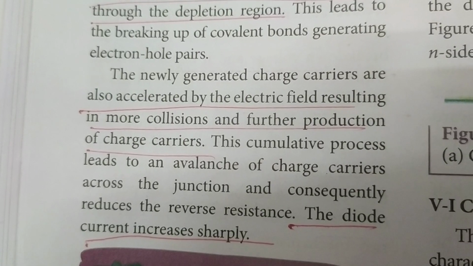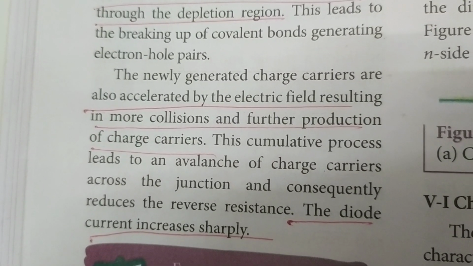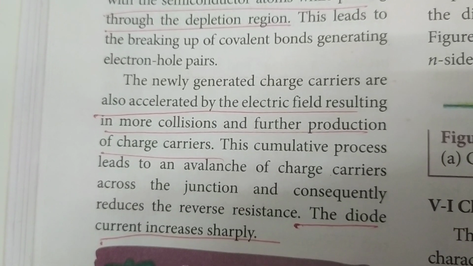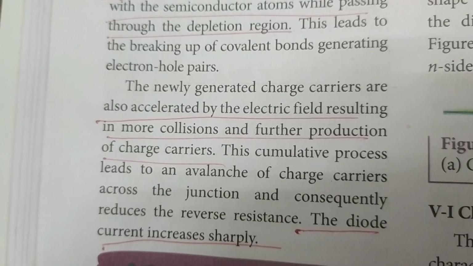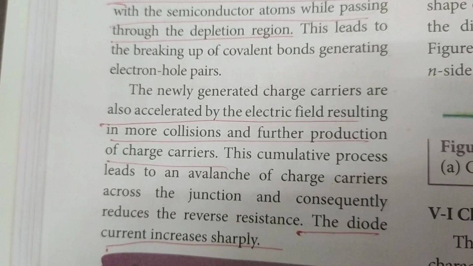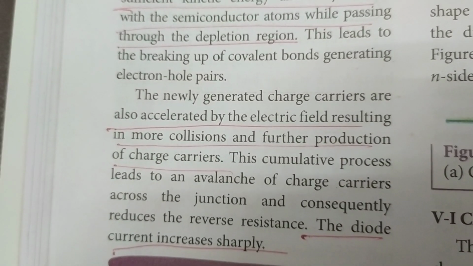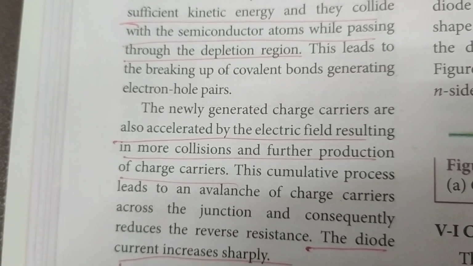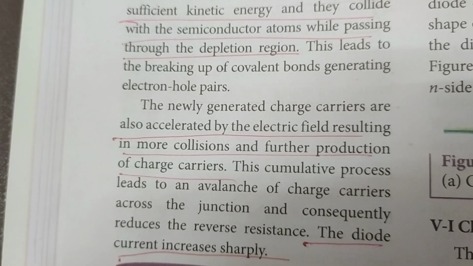Because of this, the reverse resistance is reduced and the diode current will increase sharply. So this is called avalanche breakdown. The main difference between the two is that there is collision taking place inside the semiconductor in avalanche breakdown, while there is no such collision in Zener breakdown.